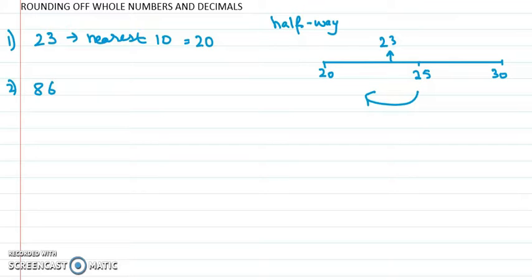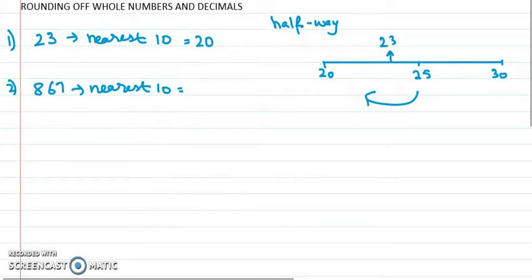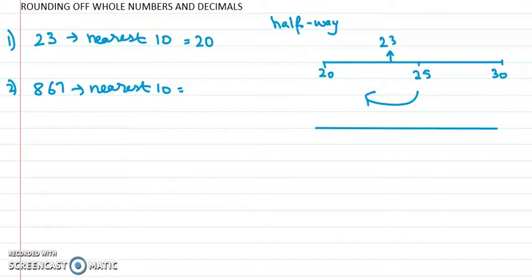Let's take another example. 867 to the nearest tens. Again, in that case, if we draw our number line, this is my number line, and I will be marking 860 here and 870.